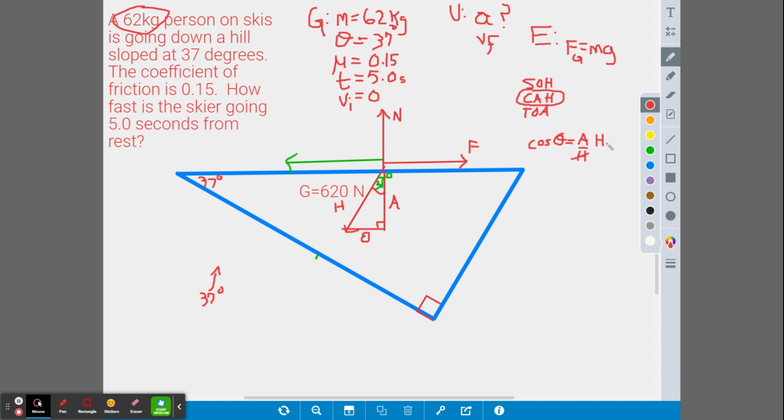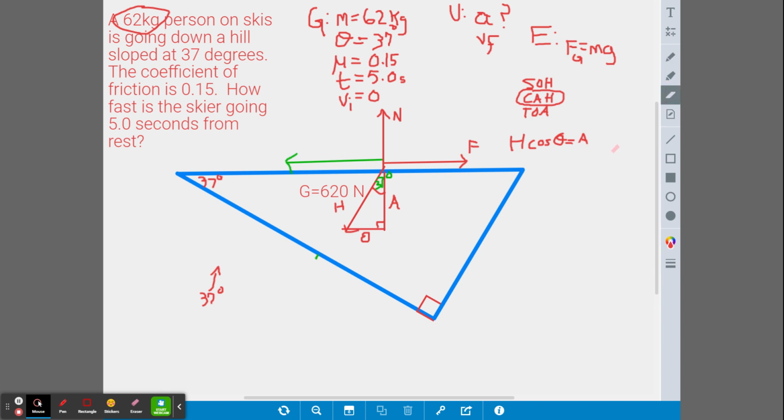Now H cancels, and you have to do the same thing to the other side of the equation. Now we have our final equation: hypotenuse, or H, times the cosine of theta equals the adjacent side. All right.